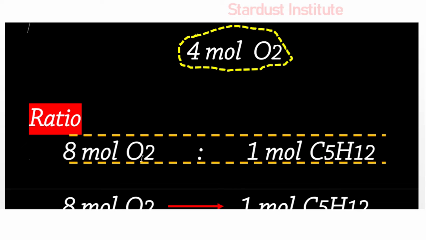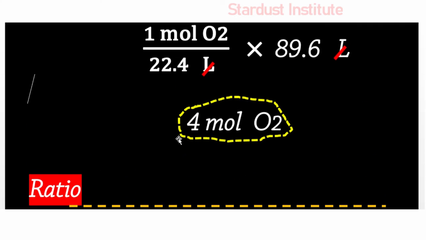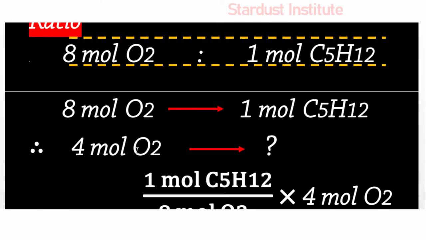According to our ratio, 8 moles of oxygen react with 1 mole of pentane. Now we have 4 moles of oxygen. Now we need to find, to react with 4 moles of oxygen, how many moles of pentane are required.